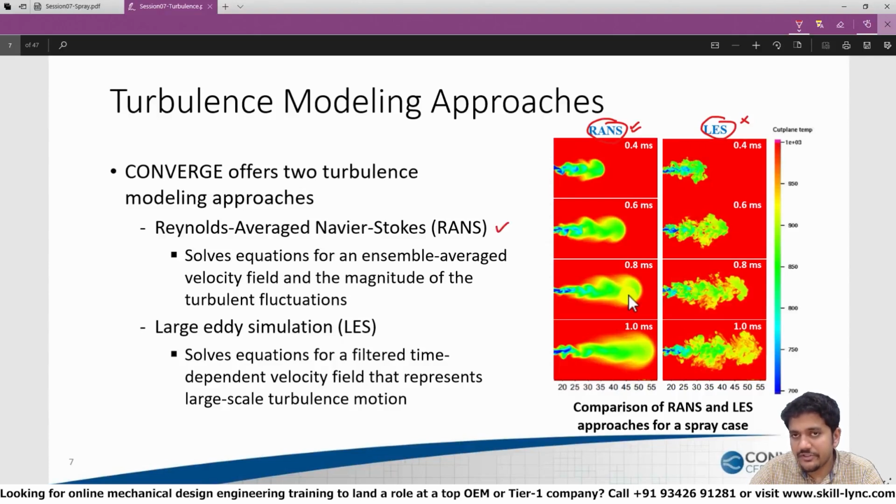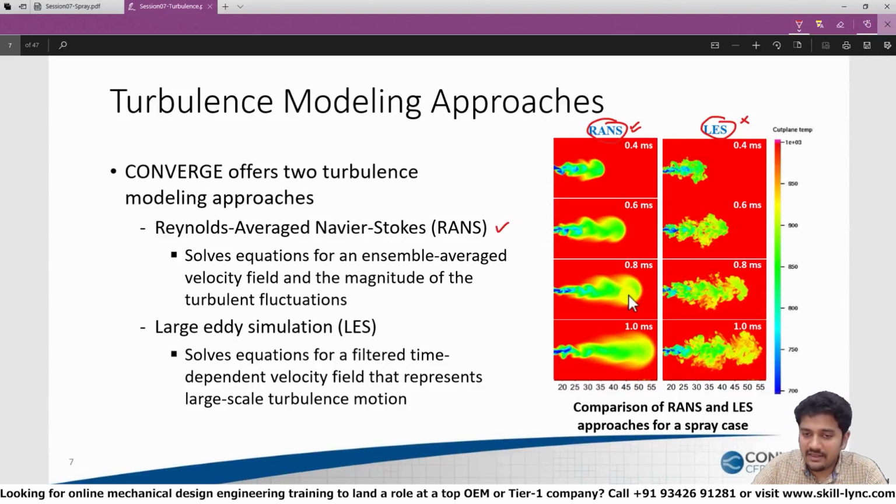This is the approach which people still prefer for engineering simulations. LES, which typically tends to be more accurate, is still a research tool. Though companies are moving into LES-based engineering solutions, if you look at most of the companies that do R&D, especially with respect to flow analysis, they use a RANS-based solver.